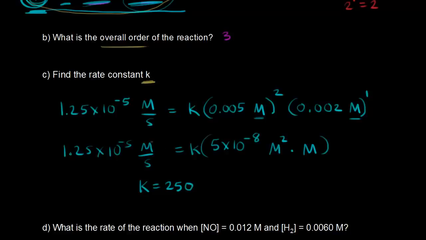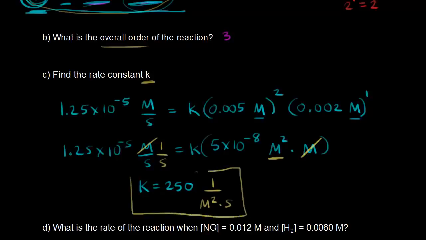Well, we have molar on the left, we have molar on the right, so we could cancel one of those molars out. And so on the left we have 1 over seconds, and on the right we have molar squared. So we divide both sides by molar squared, and so we get for our units for K, 1 over molar squared times seconds. And so we found the rate constant for our reaction.